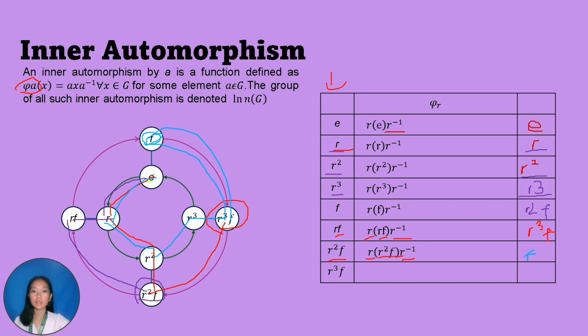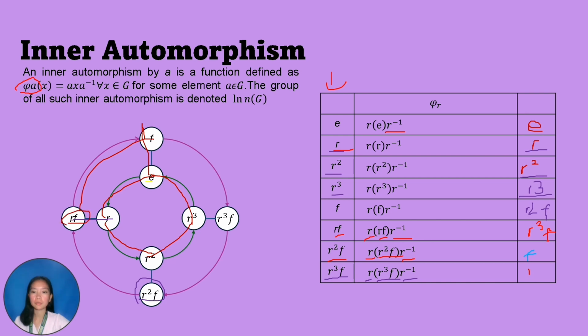Next, for our R cube F, we have R, R cube F, and R inverse. Let's clean this up again. So again, from identity to R, and then R, and R, and then F, and R inverse, we have RF.